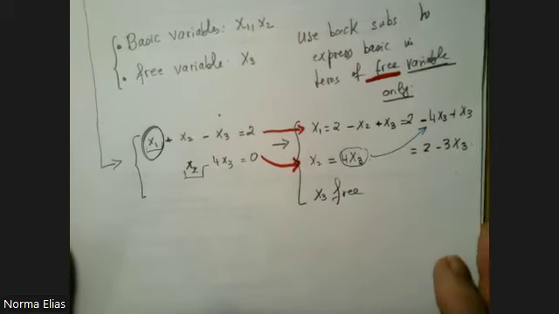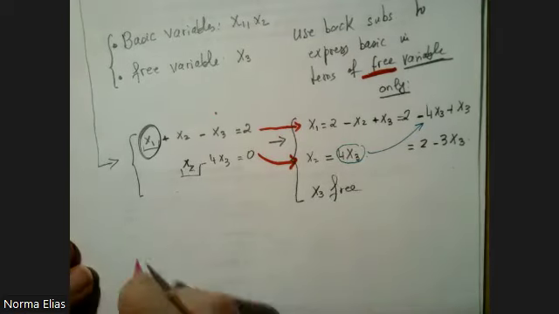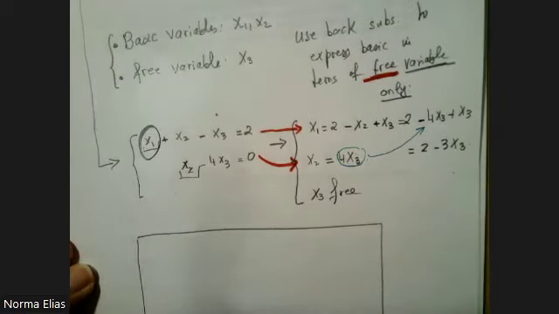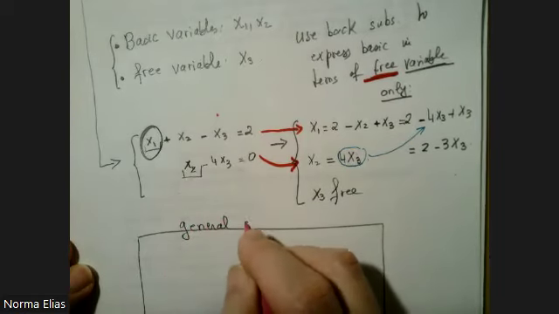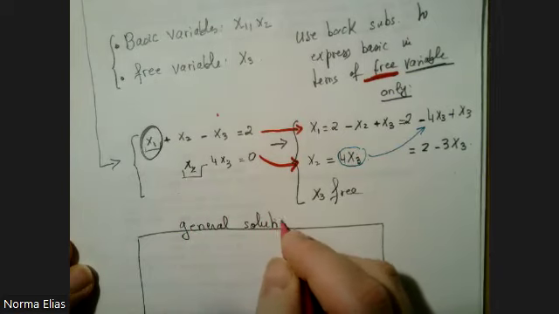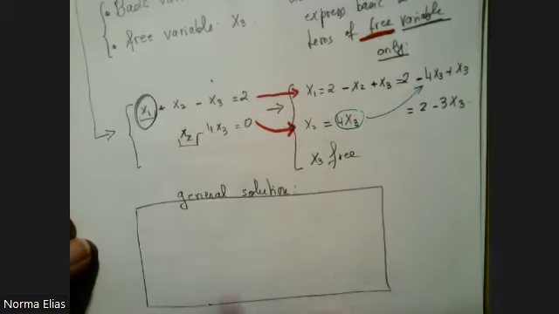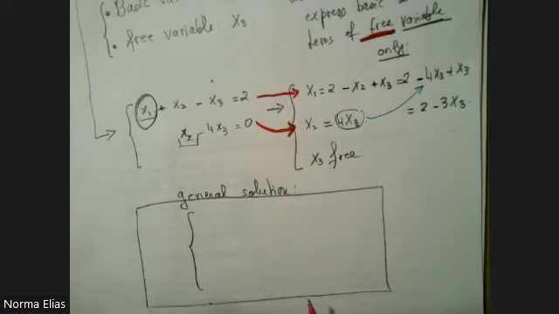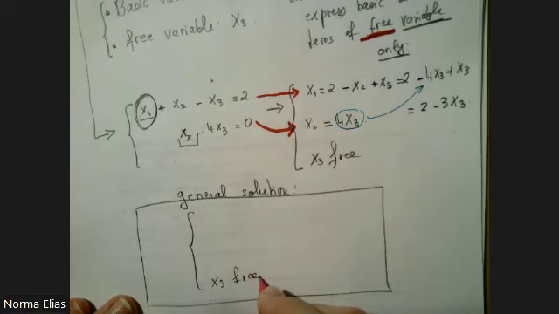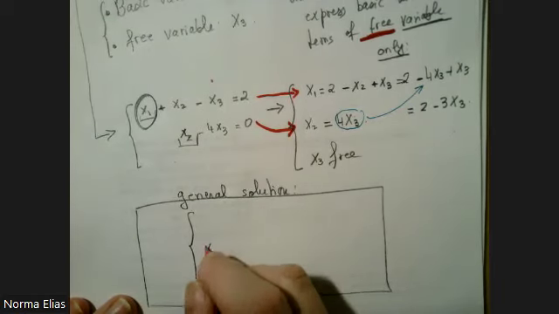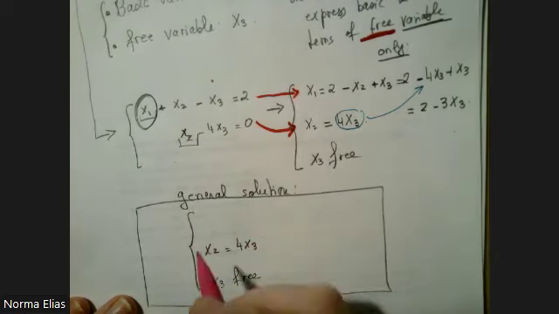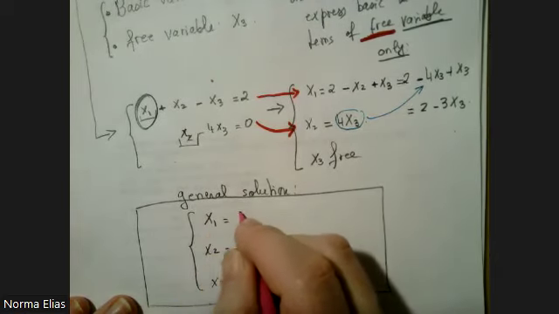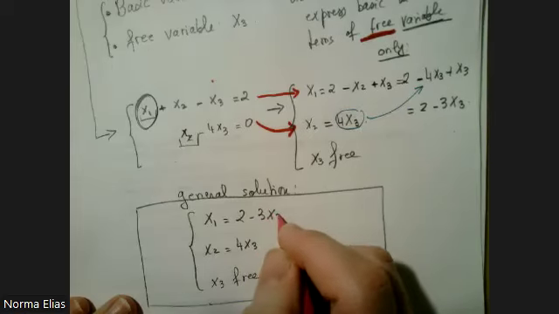So now I'm going to rewrite the solution of the system. We call it the general solution, or the explicit solution. That's how I want you to write it. x3 is free, which means x3 can take any value we want. x2 is 4x3. x1 is 2 minus 3x3.